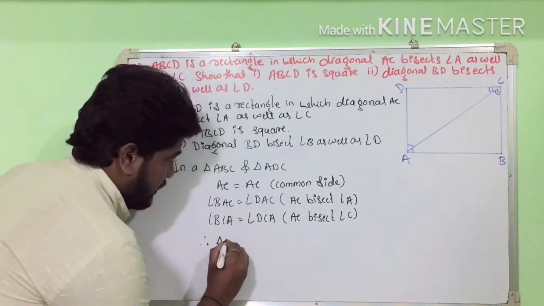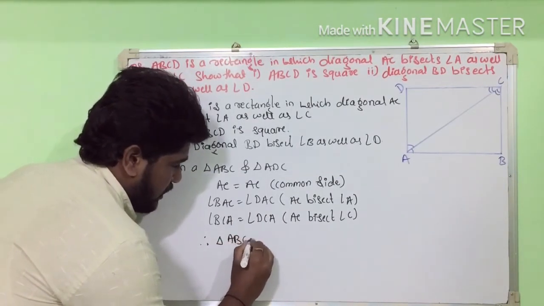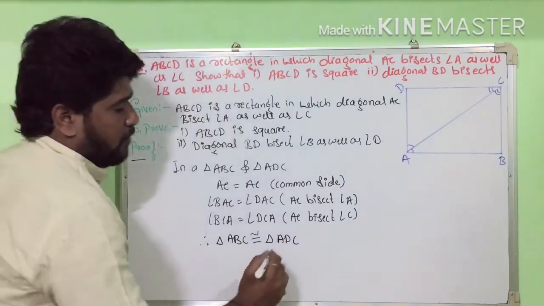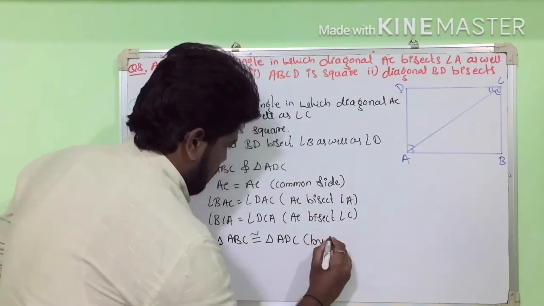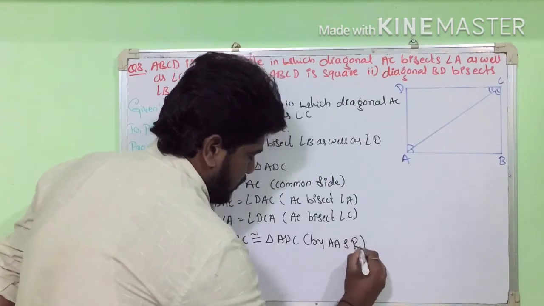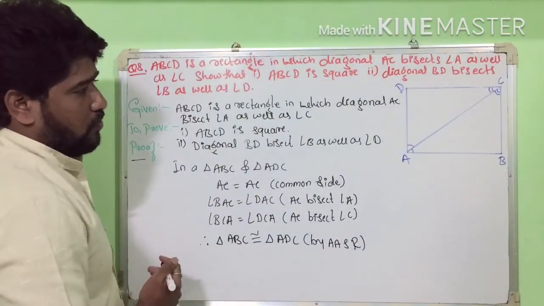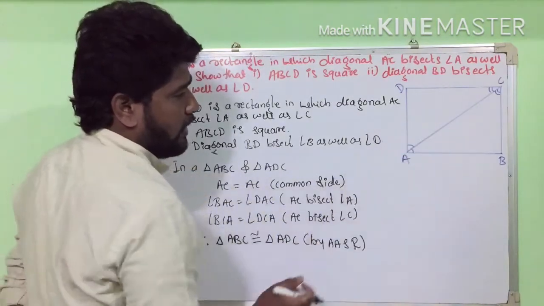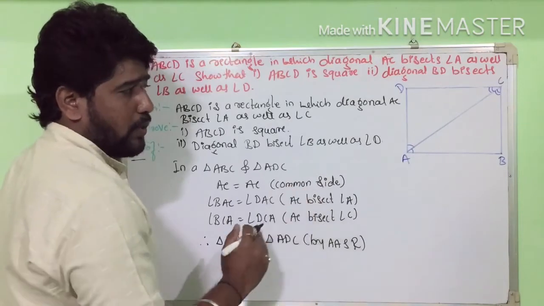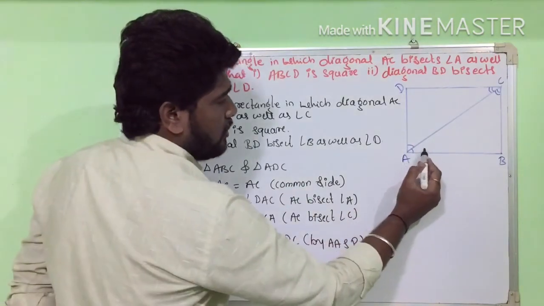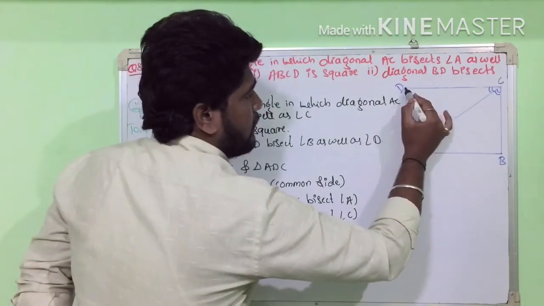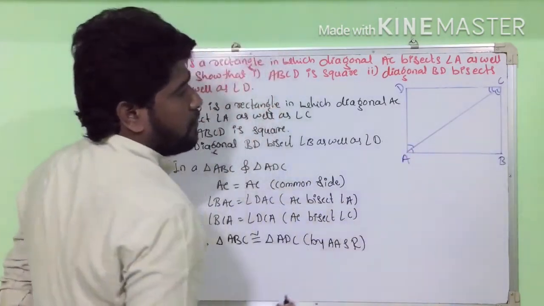Therefore, triangle ABC is congruent to triangle ADC by AAS rule, angle angle side rule, right? So now these two triangles are congruent to each other, which means their corresponding parts are equal. So here AD is equal to AB and DC is equal to BC.